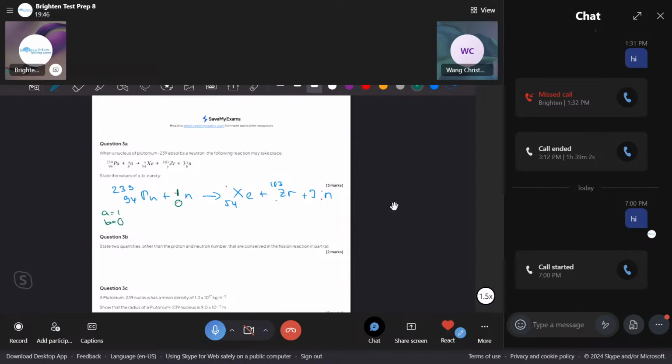And hence I can just add it here as well. And what about the elements? So Y should equal 94 minus 54. So 40. Okay, good.